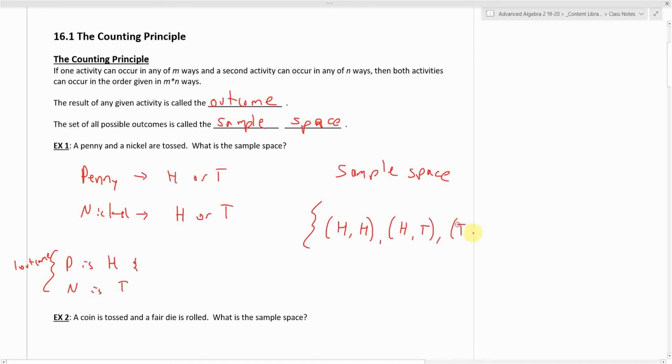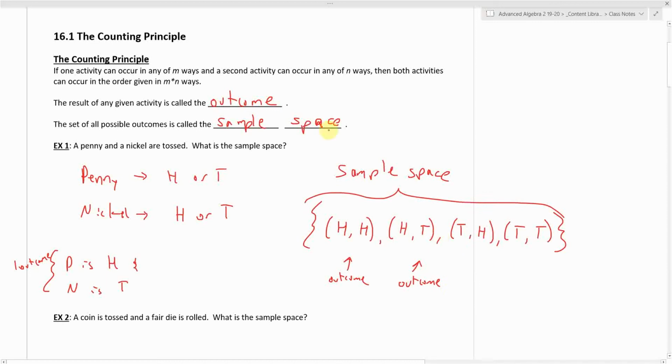Another outcome would be tails on the penny and heads on the nickel. And the last possible outcome would be tails on the penny and tails on the nickel. Each of these pairs is a possible outcome. The group of them all together is called the sample space. These are individual outcomes, and the whole thing is called the sample space.